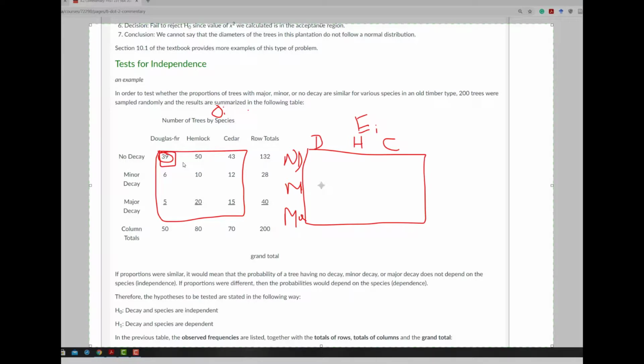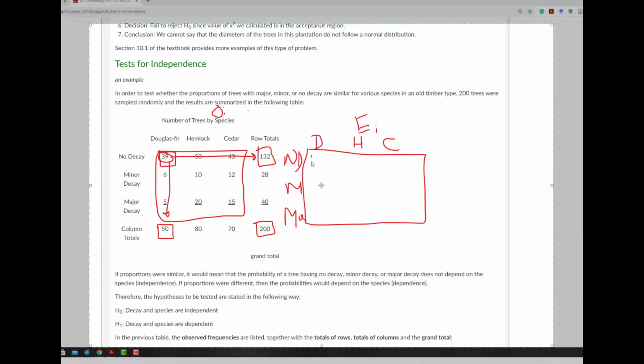and then for 39 all you need to do is to find where we have the total. You can see for 39 the row total is 132, the column total is 50, and the grand total is 200. These are the 3 values we need to find the expected value for 39.